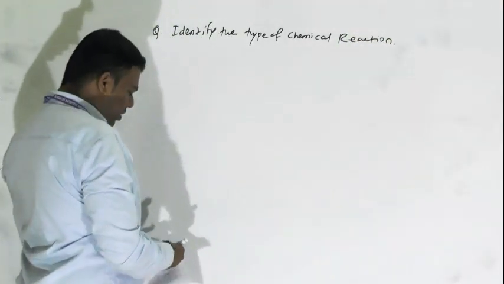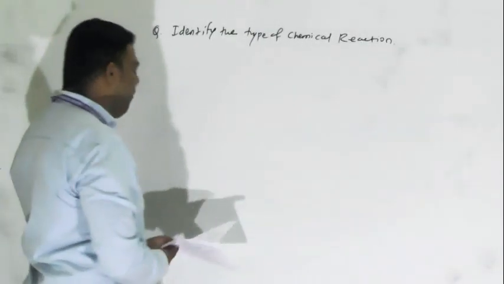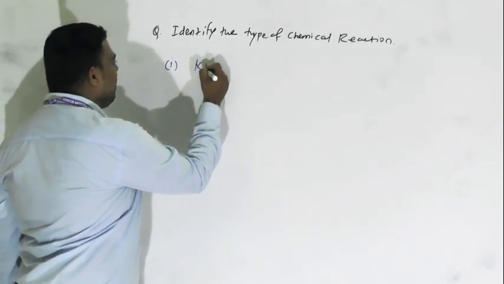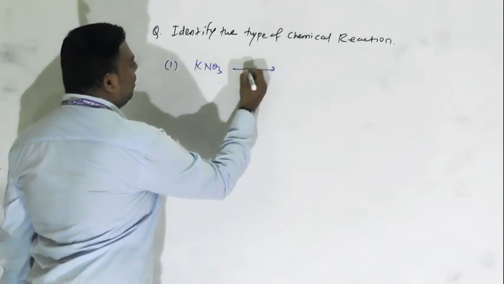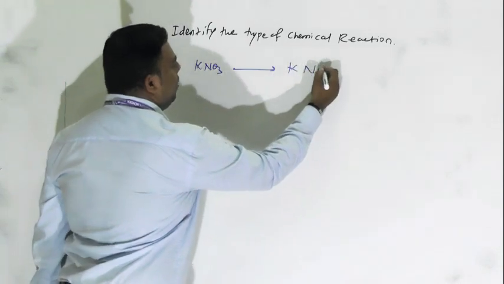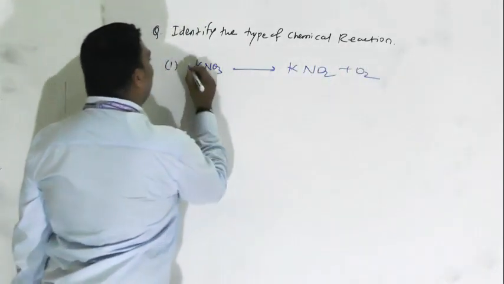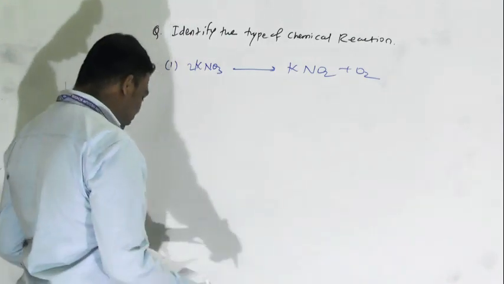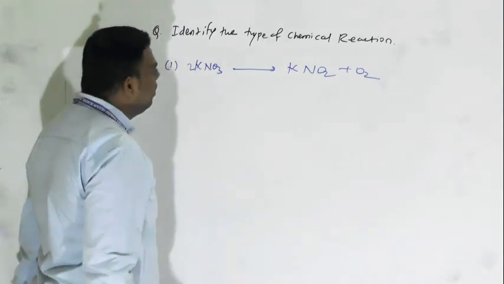See what it is: identify the type of chemical reaction. First I am writing here KNO3 gives KNO2 plus O2. For balancing, they give the balanced product also.